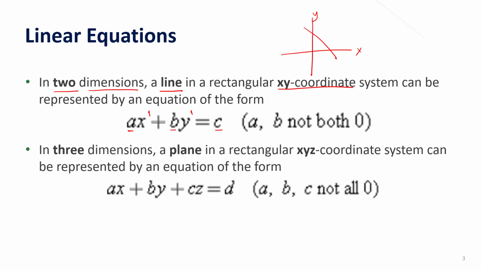Okay, if you add more variables, when we have three dimensions, or three-dimensional variables, you can form a plane. A plane means that when you draw it in rectangular x, y, and z coordinates, it is represented in this type of form.